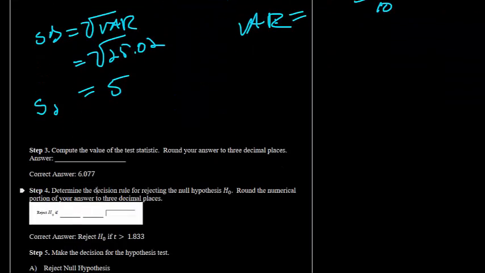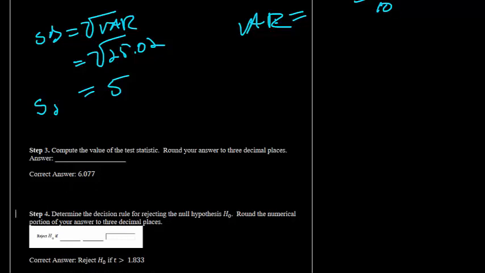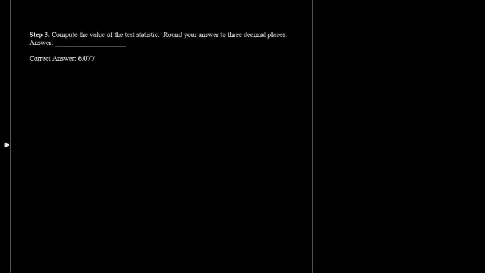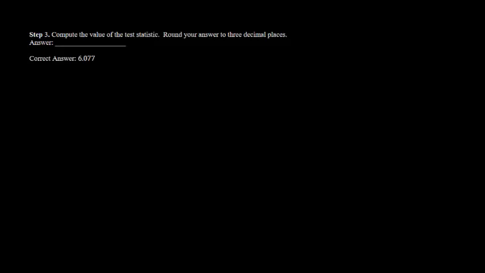Okay, so now we compute a test statistic. How do we compute a test statistic? Well, we don't have very many observations, and so we need to use a t-test for paired differences instead of a z-score for paired differences.